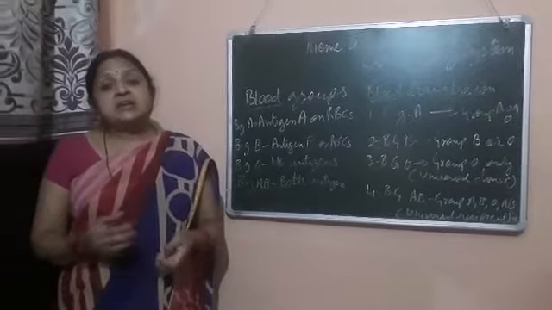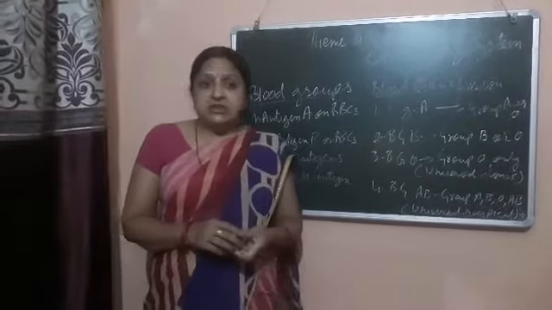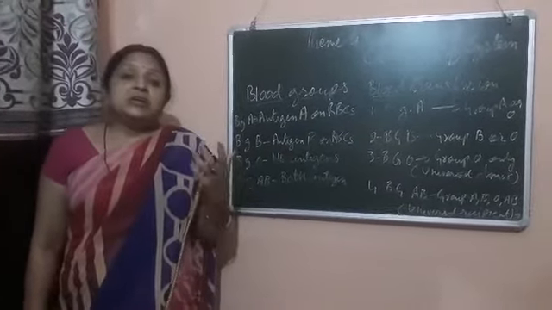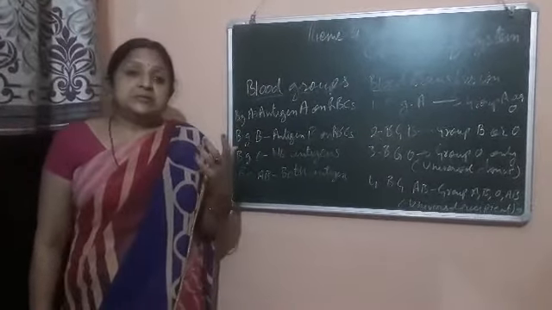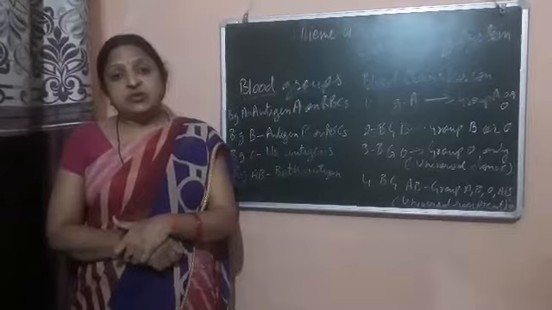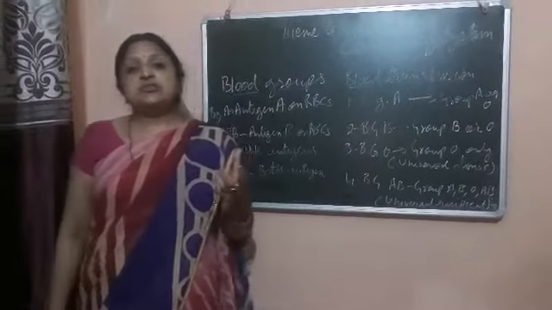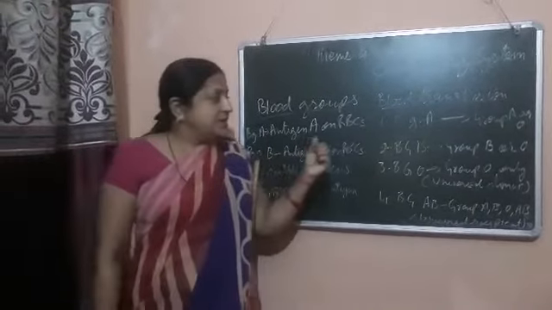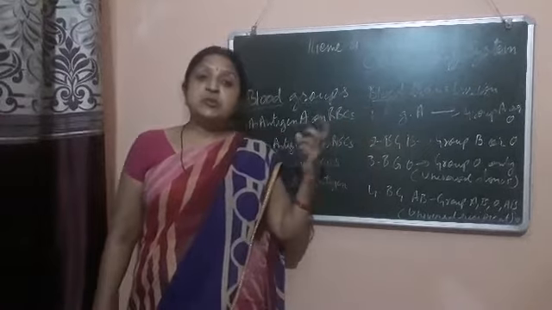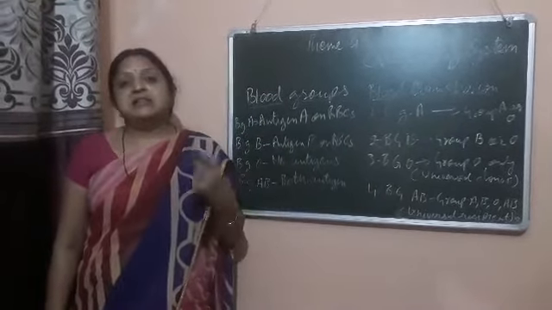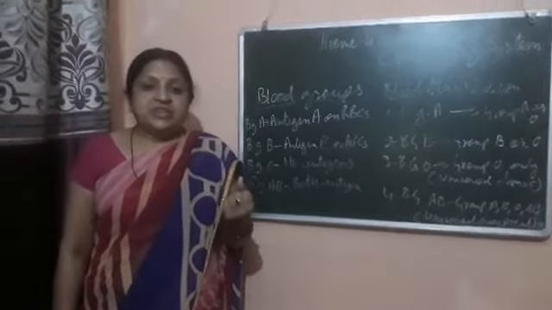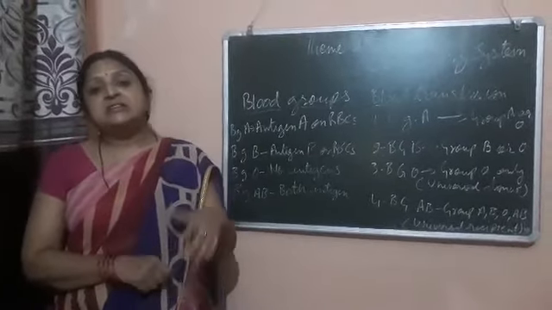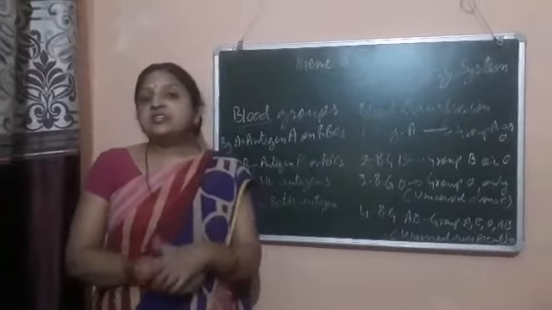Doctors are not allowed to transfuse the blood directly into the person's body, because this blood goes directly into the veins. The blood group of the healthy person should be matched with the patient's blood group. If it is not done, then clotting occurs, and sudden death can be caused because of the unmatched blood group.